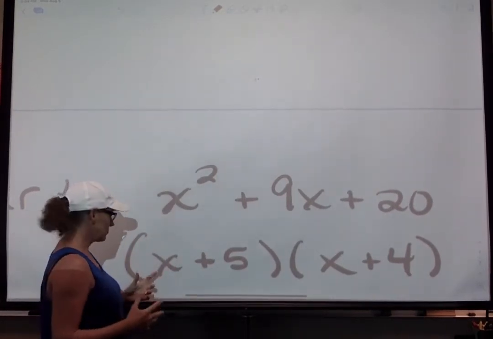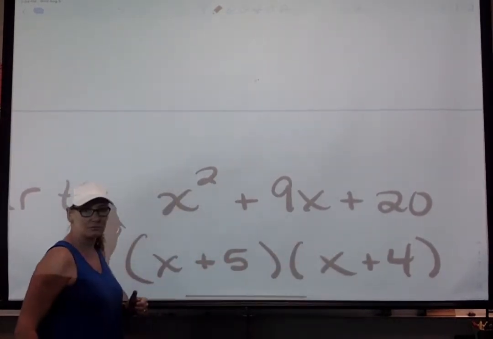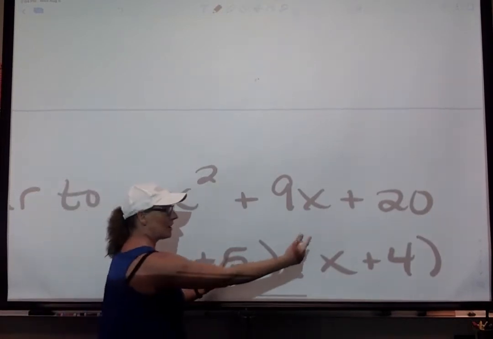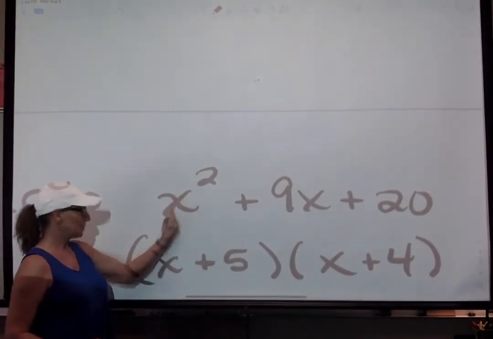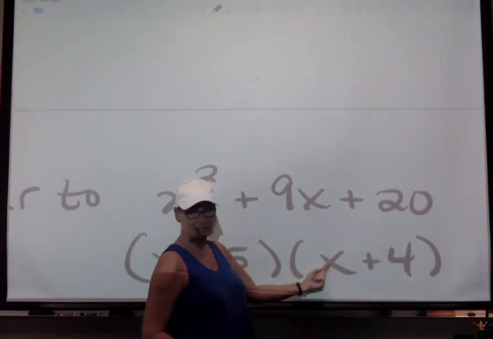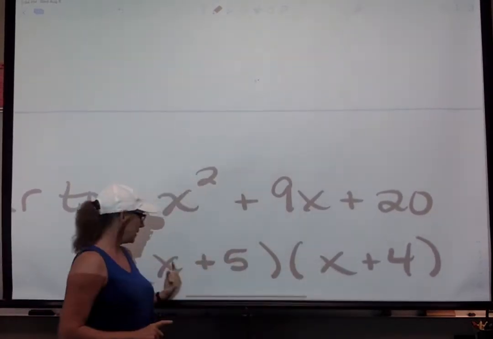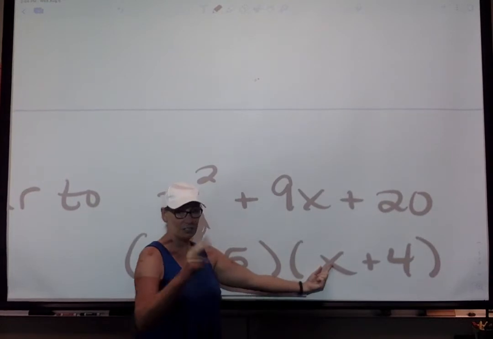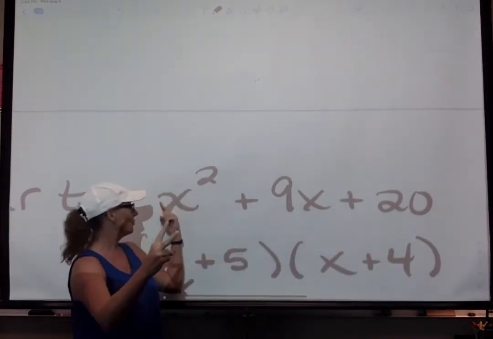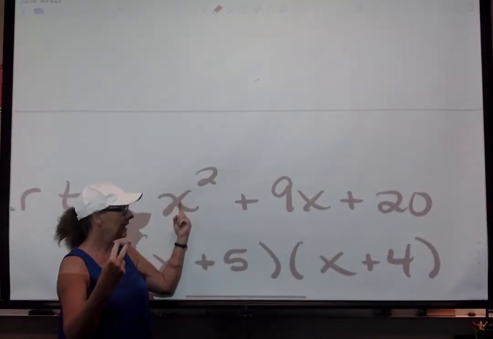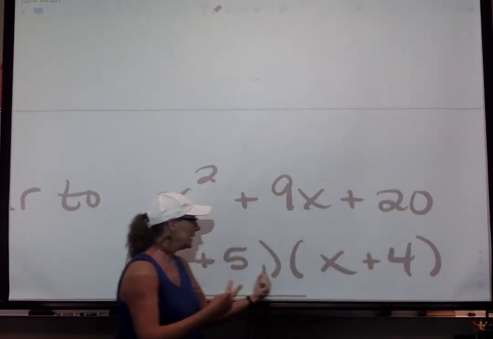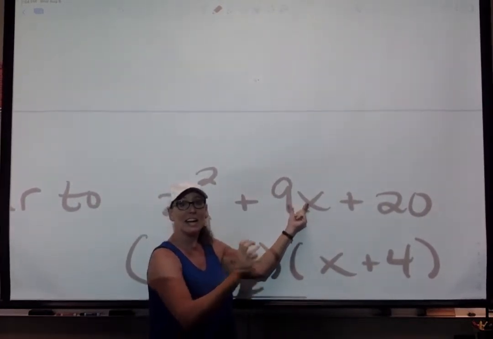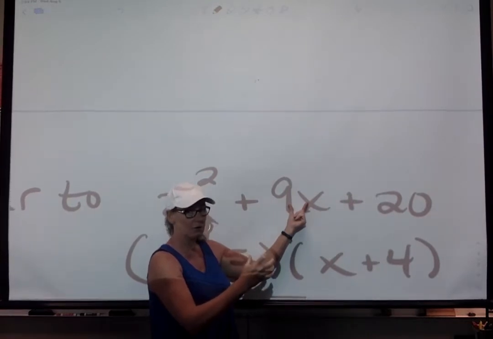Automatically, this is the way I factor. I go x, x, and then I figure out the 4 and the 5. To get your x squared, you have to have an x here and an x here. By putting an x here and an x here, it's going to get you your x squared term in the front, and when you do your outer and inner, it's going to get you your x term in the middle.